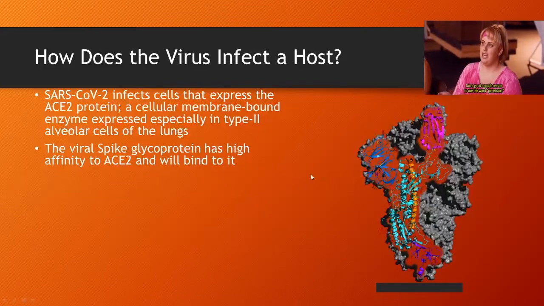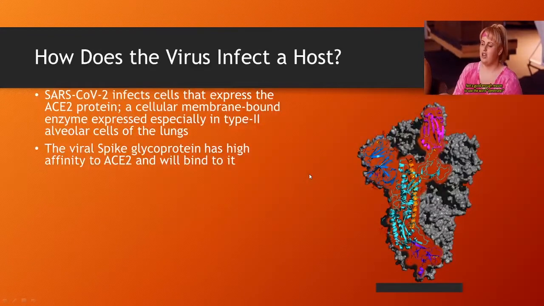So these cells that are in the alveoli have on their cell membranes an abundance of this protein. It is a cell membrane protein. The membrane is what delineates the cell from the outside. All right. In that membrane, there is the ACE2 protein.